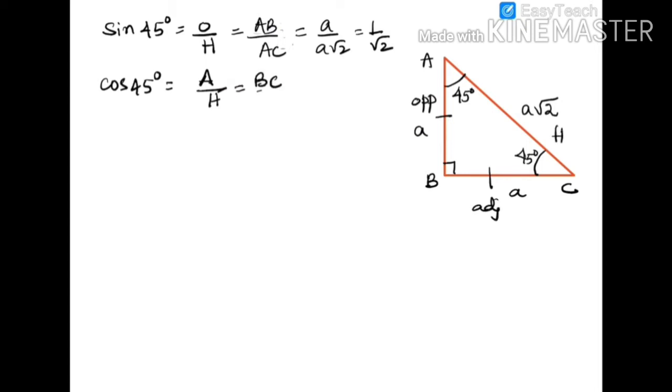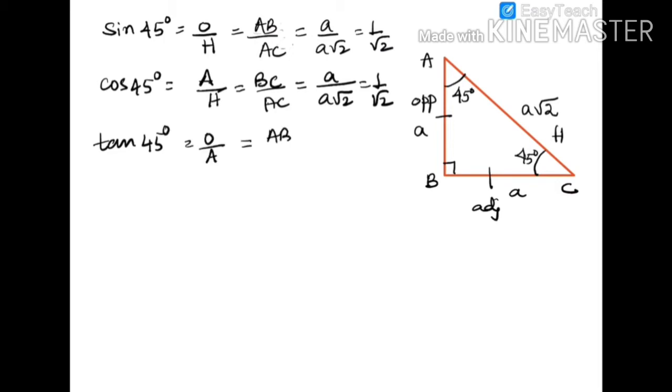So that will be BC upon AC, which will be again A upon A root 2, that is 1 upon root 2. Tan 45 degrees, opposite upon adjacent, will be AB upon BC, that is equal to A upon A, and that is equal to 1.